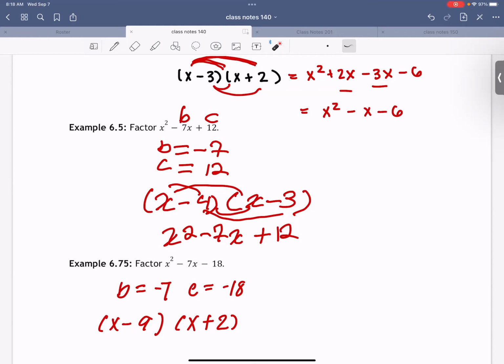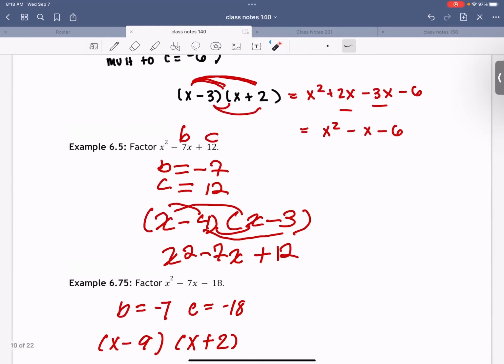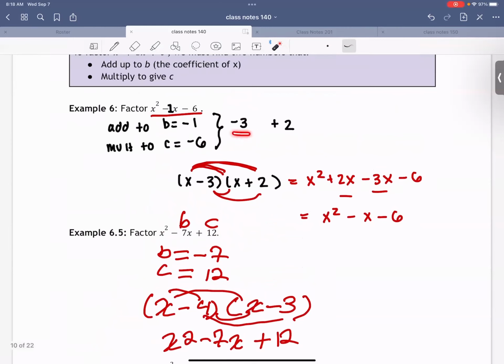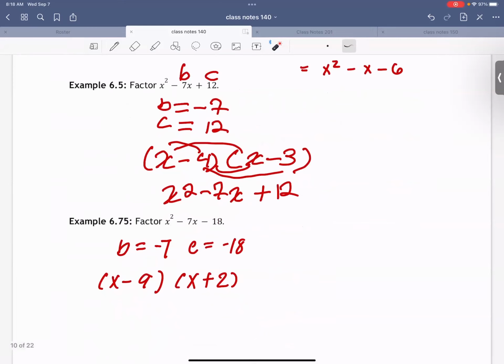Oh, so you're saying if you found two numbers that were positive, would you write plus in the final answer, right? Yeah. Yeah, so over here, we got a negative and we got a positive. The positive one ended up being a plus. Was that your question? Okay, awesome. Okay, nice job, Robert, on that one.